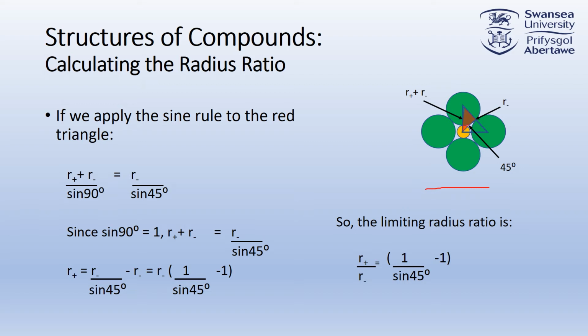Then the radius of our cation equals the radius of our anion over sine 45 minus the radius of our anion, which is also equal to the radius of the anion times 1 over sine 45 minus 1. So our ratio of cation to anion radius is equal to 1 over sine 45 minus 1. And we always represent the ratio this way around, with the smaller cation above the larger anion.